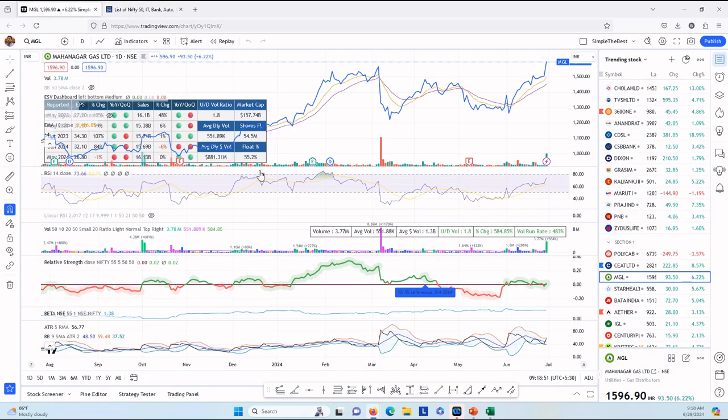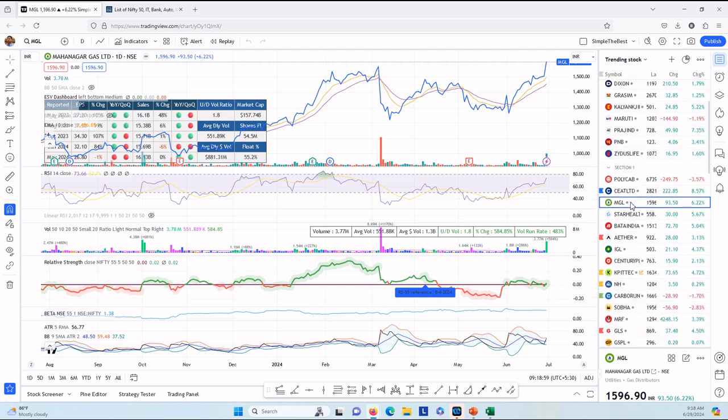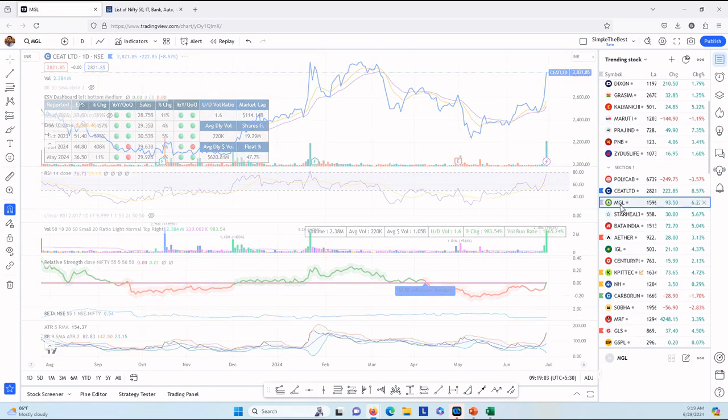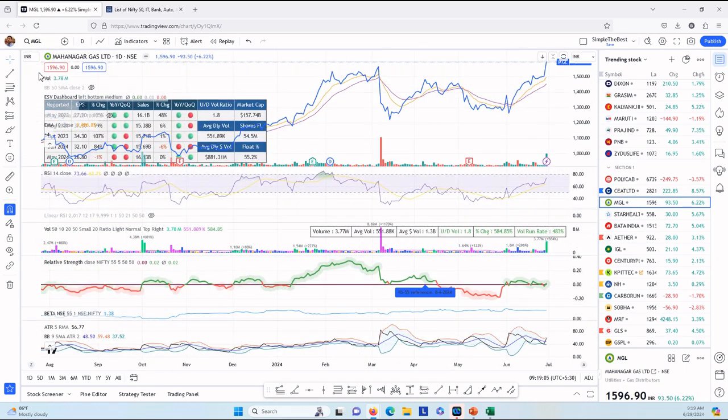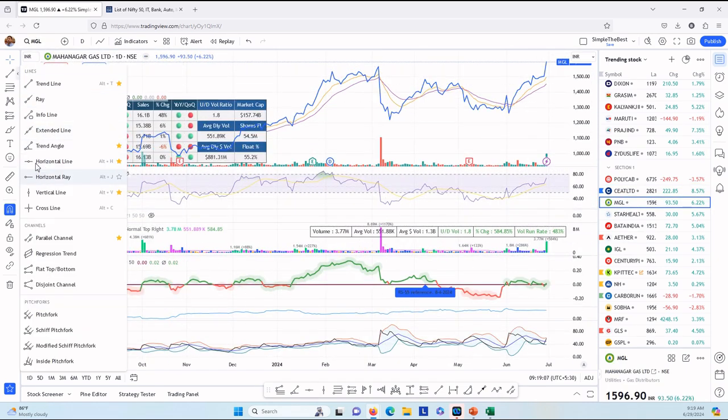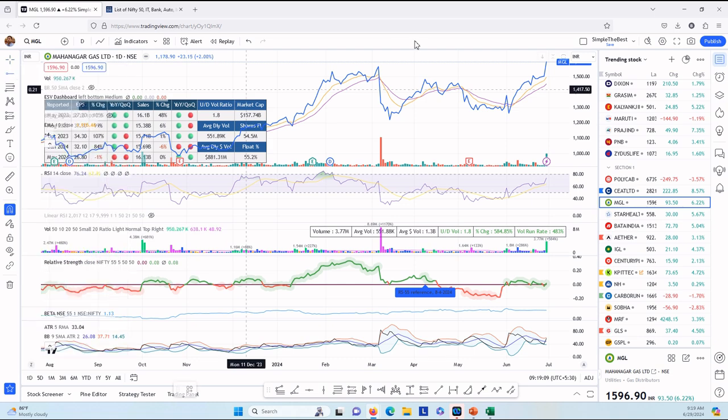So if I see this is a good opportunity, I'm looking at Mahanagar Gas. This is the Mahanagar Gas, correct. So here it's a very good point.